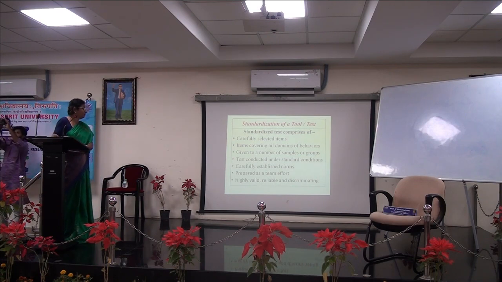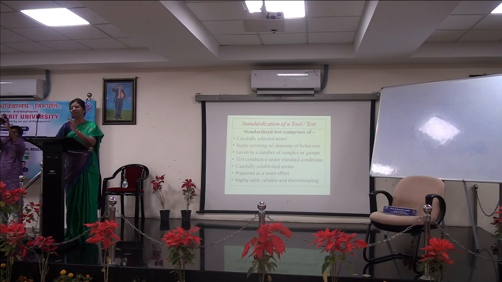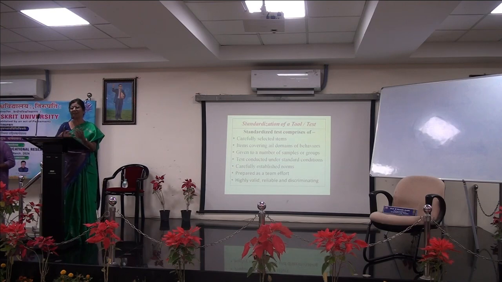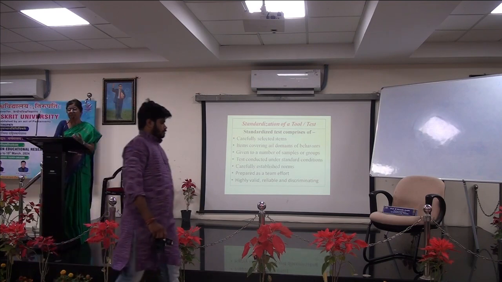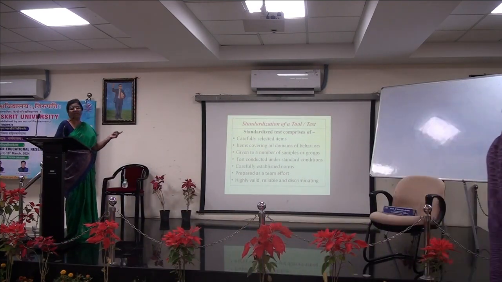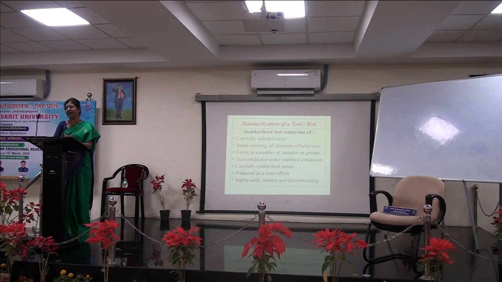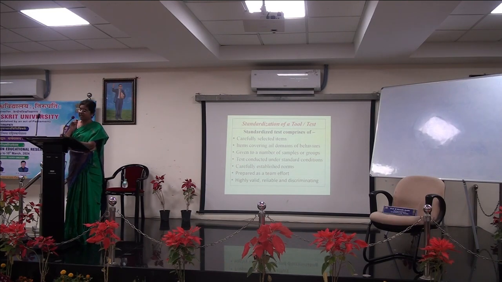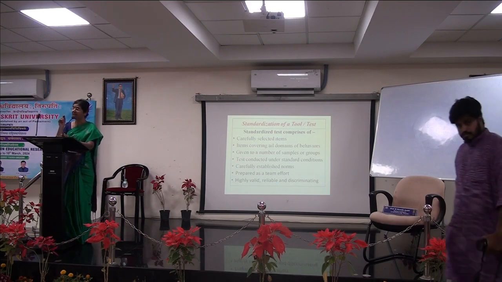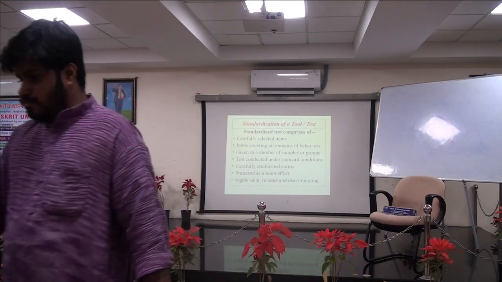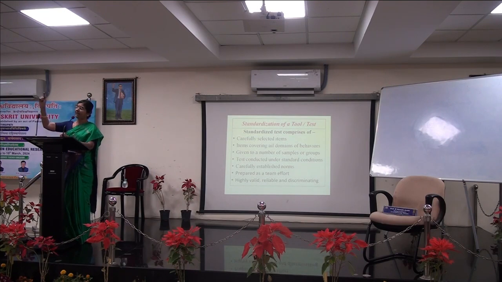And another thing, it should not be done by a single person. You cannot do a standardized test all alone. It should be a team effort, and it should be highly valid, reliable, and discriminating. Discrimination means each item of the tool should differentiate the high-end group and the low-end group.